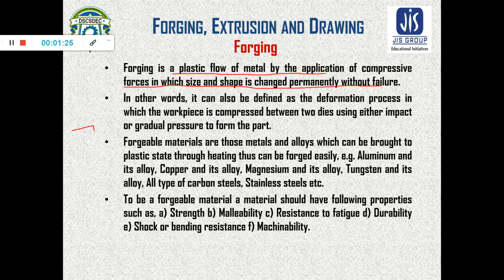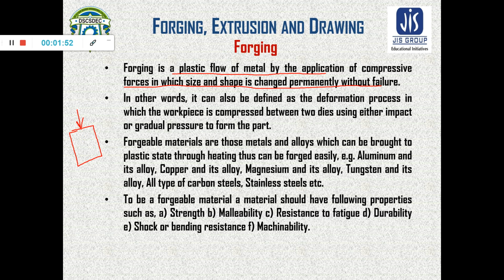What is forging? When a block, stock, or workpiece is given a compressive force by using a hammer or some appliance which can give gradual loading, that compressive force causes plastic flow in the material.